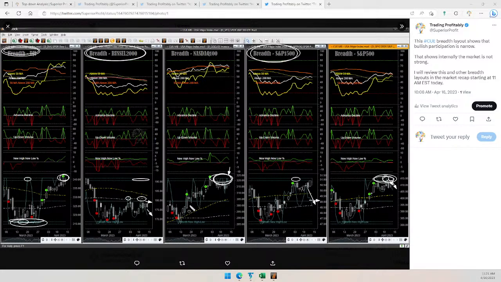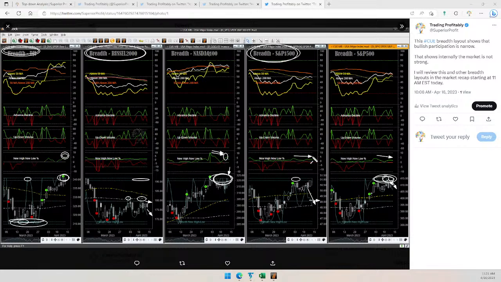And a similar conclusion you may arrive at looking at the new high, new low percentage. Dow Jones Industrials is quite high in terms of the pattern of the indicator. Nasdaq 100 is high, but it is making a lower high, which is showing a bearish divergence. S&P 500 is less high than Nasdaq 100, also showing a bearish divergence.